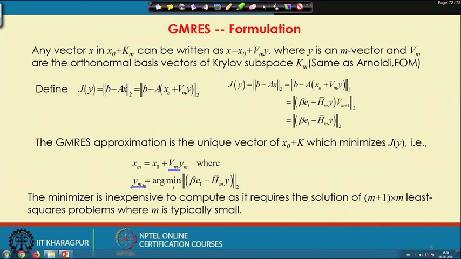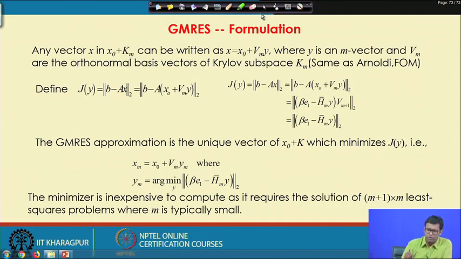V m are the members, the basis, of the Krylov subspace. V m is computed in exactly the same way as we have done in the full orthogonal method, or Arnoldi modified Gram-Schmidt. And once we compute V m, then there is a next, rather smaller step, which is computing the minimizer of beta e 1 minus h bar m y.